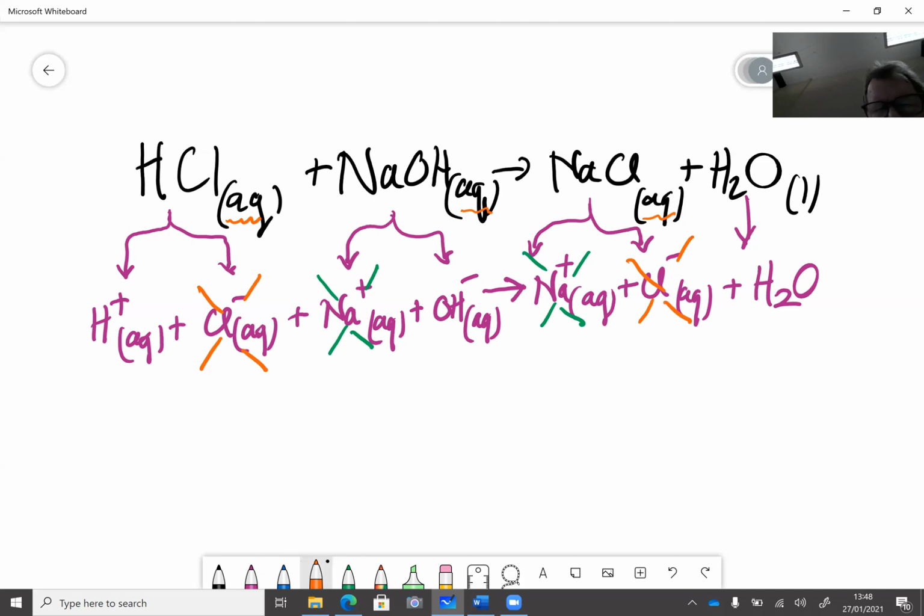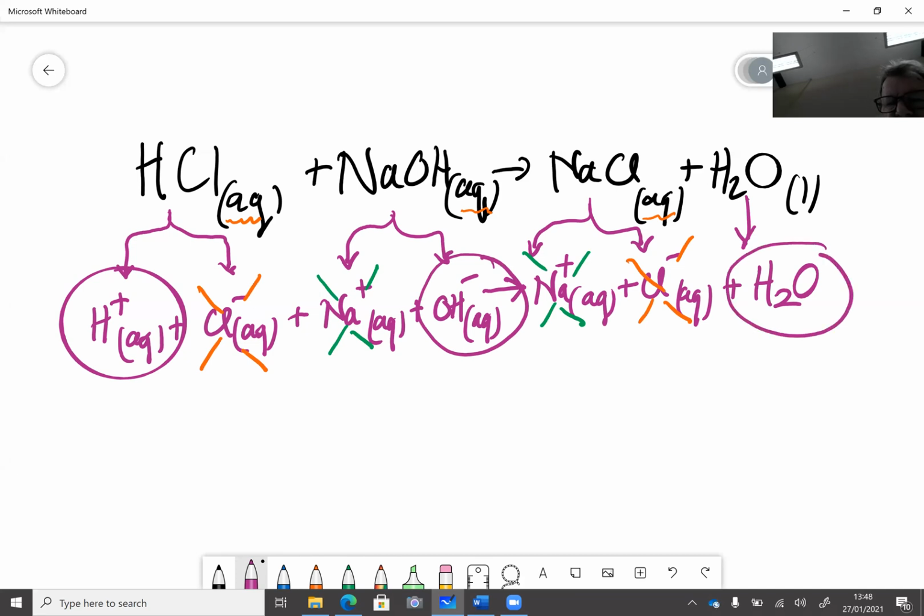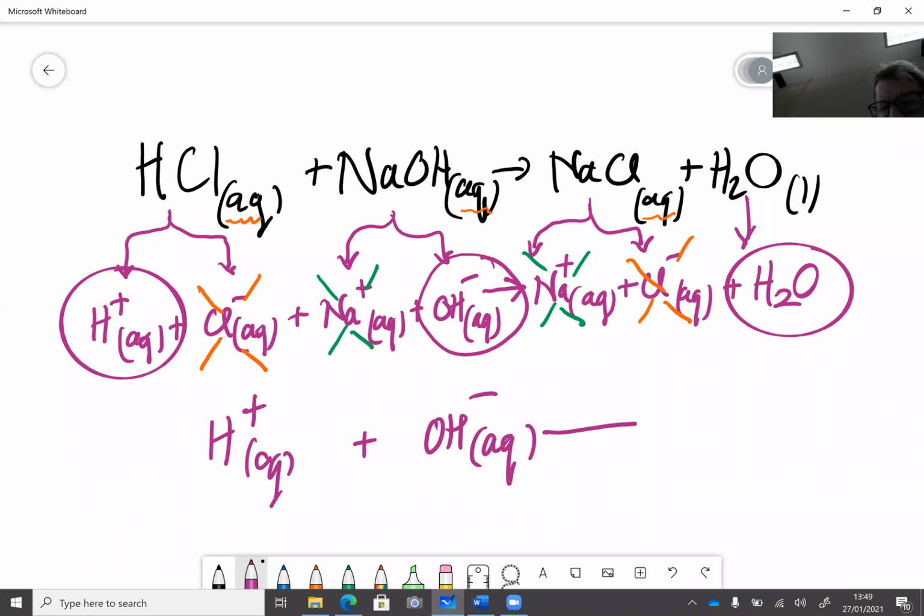The rest I can't change. So now I write the equation out again with only the bits which haven't changed: H+ (aq) plus OH- (aq) goes to H2O (l).